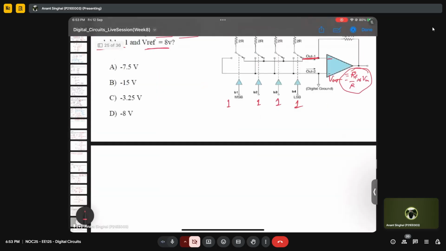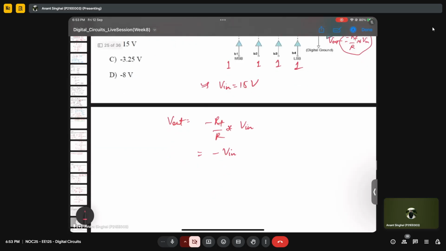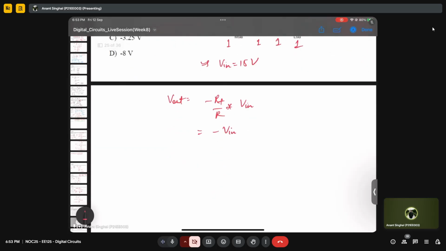The input is 1111, that means the Vin is 15 volts. So Vout will be minus RF by R times Vin. RF is equal to R only, so basically minus Vin only.